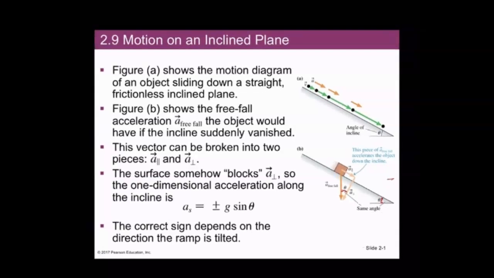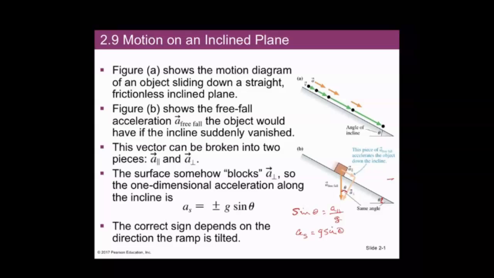So if the sine of theta is equal to a parallel over g, where a parallel is equal to a sub s, then a sub s is equal to g sine theta.